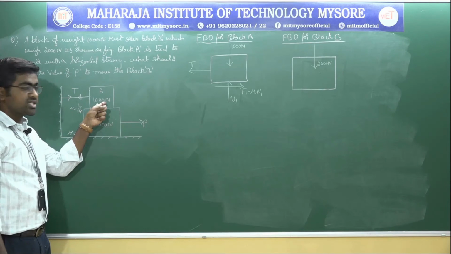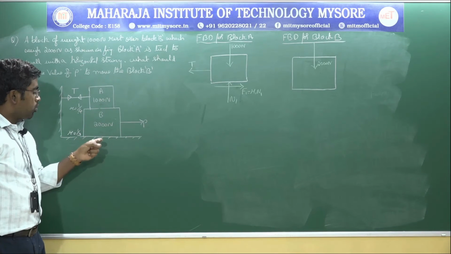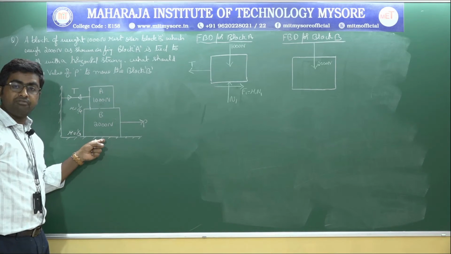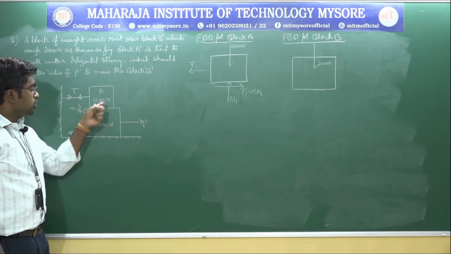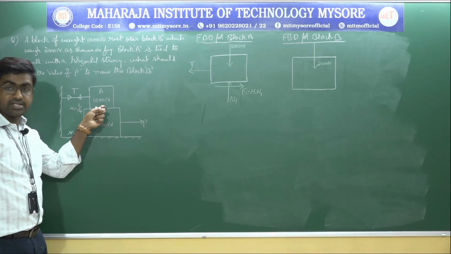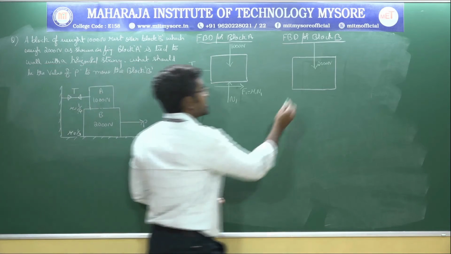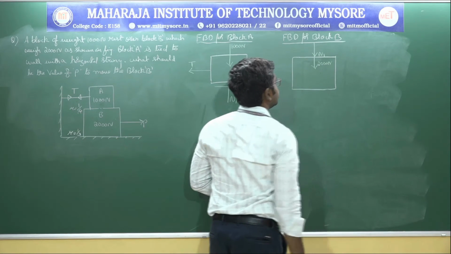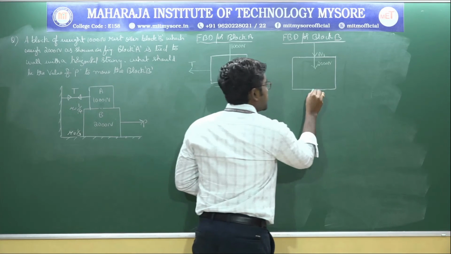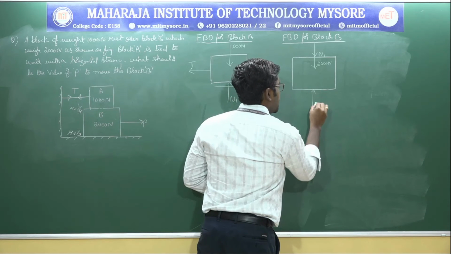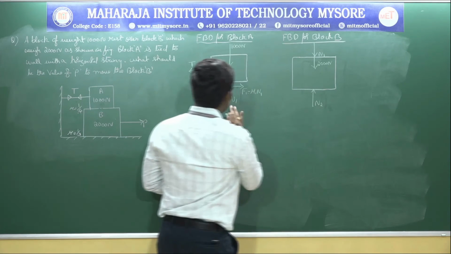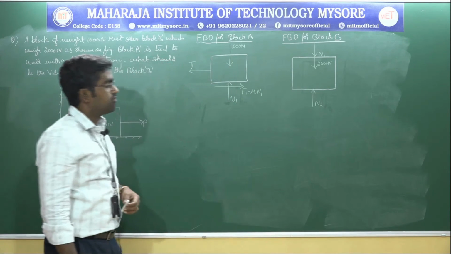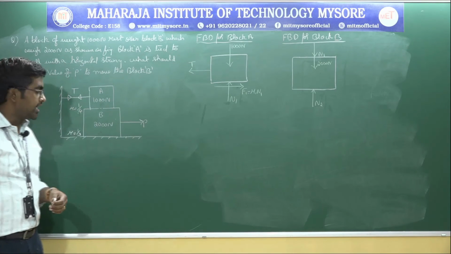One normal reaction will be from block A, and one more normal reaction will be from the horizontal floor. Both normal reactions will be perpendicular to their surfaces, right? So this will be the normal reaction N1, and this will be the normal reaction N2, which is offered by the horizontal floor, right?